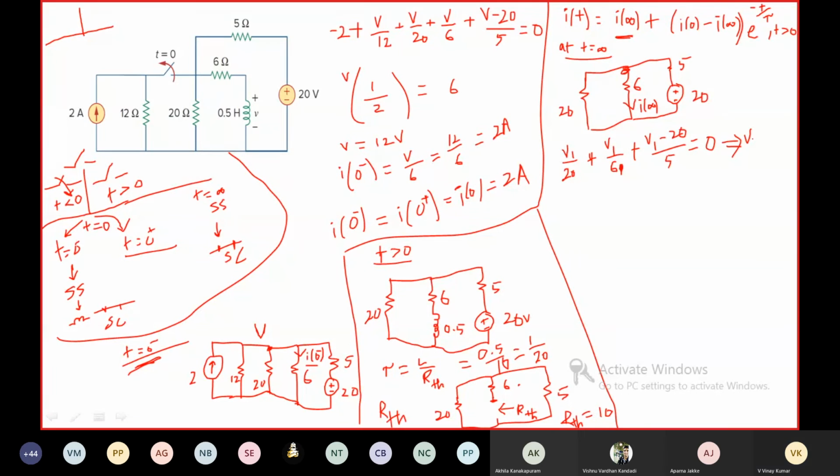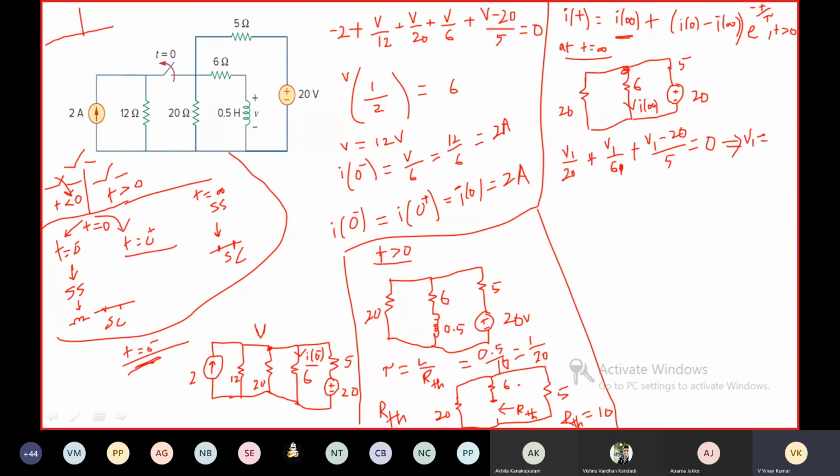V1 is equal to 1 by 20 plus 1 by 6 plus 1 by 5, which is 5 by 12.